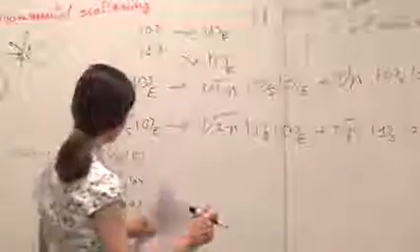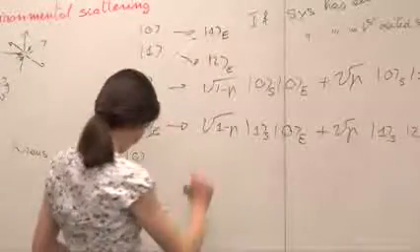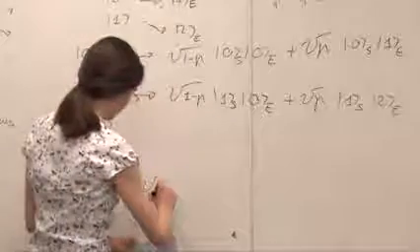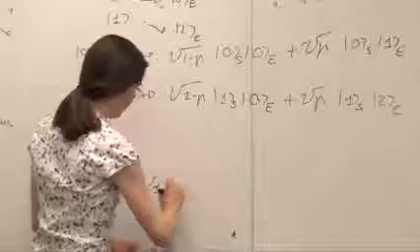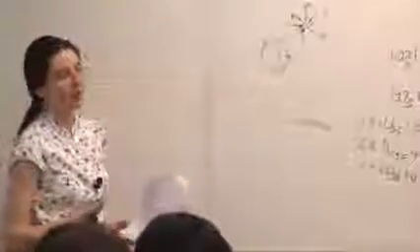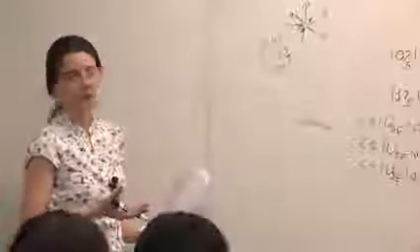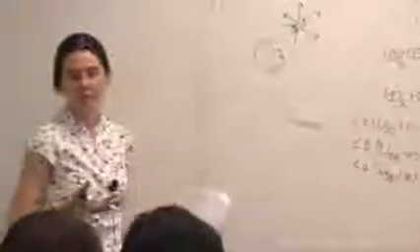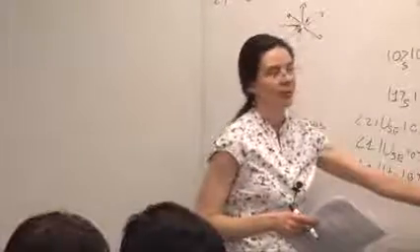What I get is that this one is square root of 1 minus P times the identity, because if I have no scattering, which happens with probability 1 minus P, then my system doesn't change at all. So I still have the same state, the identity.